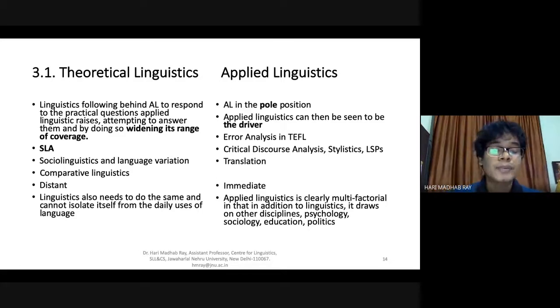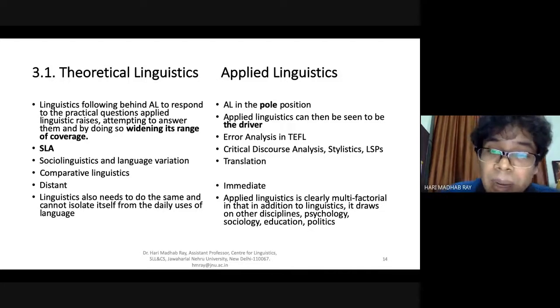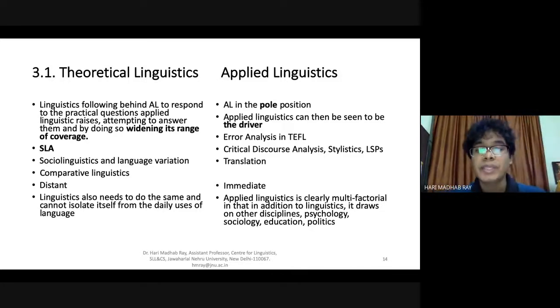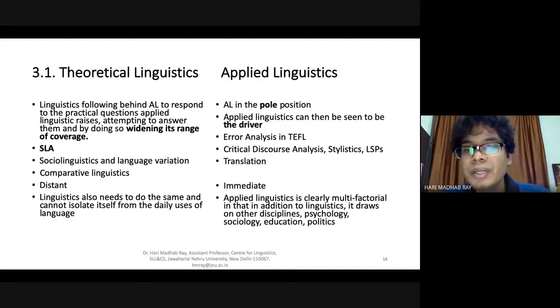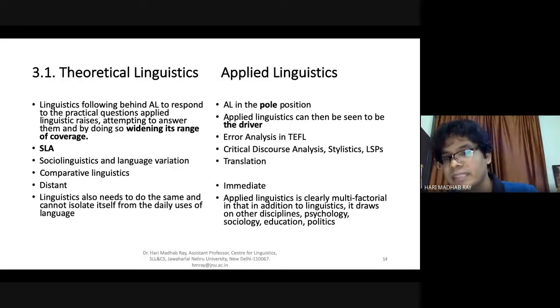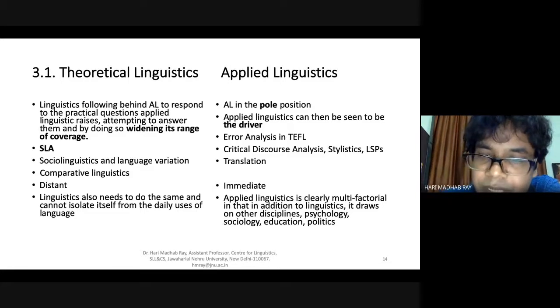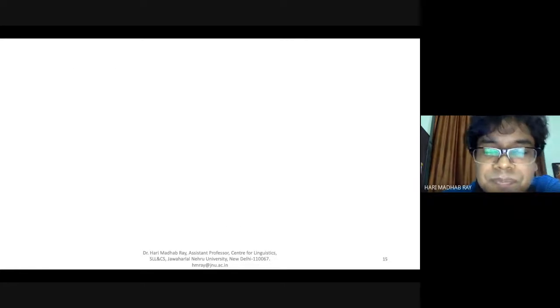As I was telling you, the goal earlier was distant, but applied linguistics is immediate, and it is clearly multifactorial: in addition to linguistics, it draws on other disciplines, psychology, sociology, education, as well as politics, and many other disciplines.